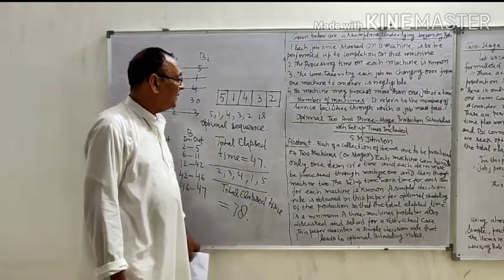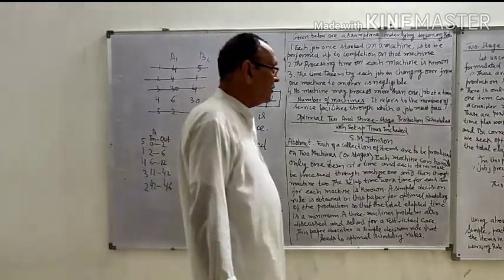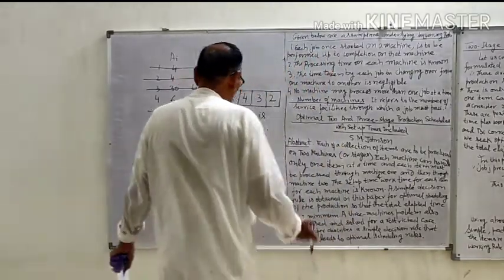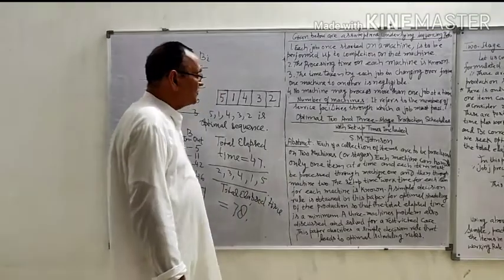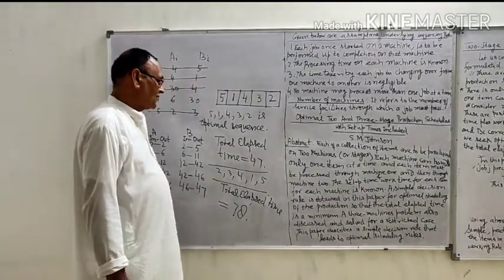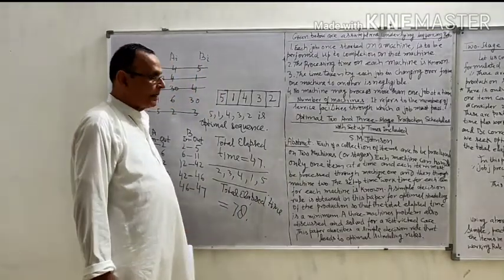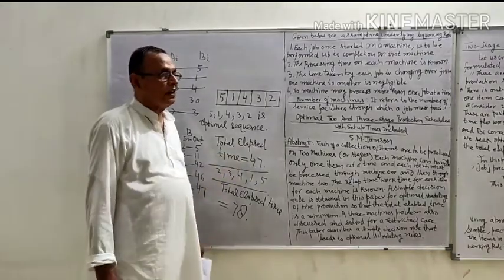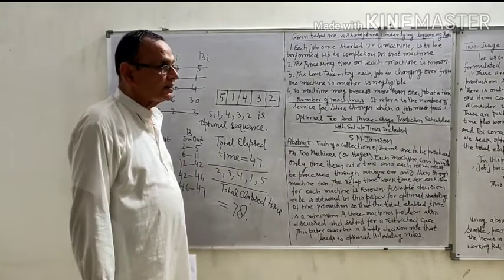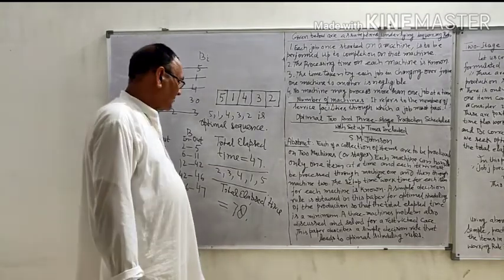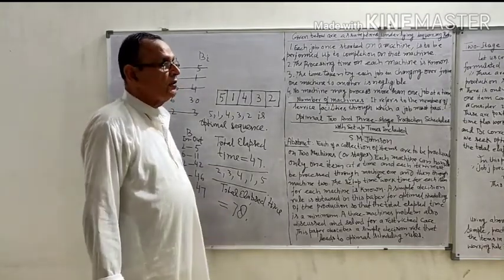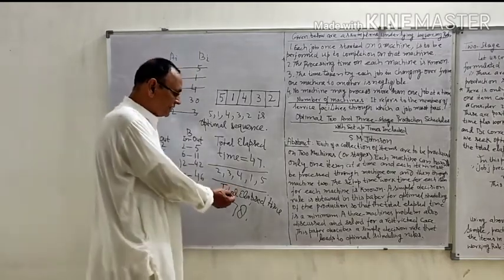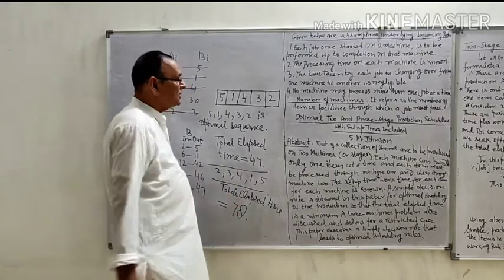And if you have to pay, for example, the cost per hour for processing or for the machine remaining idle, then naturally the sequence which is optimal will give us the minimum cost, and other sequences will have more cost, because you can check the difference, 47 and then 78.